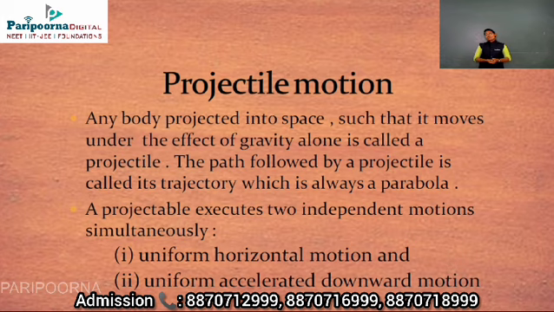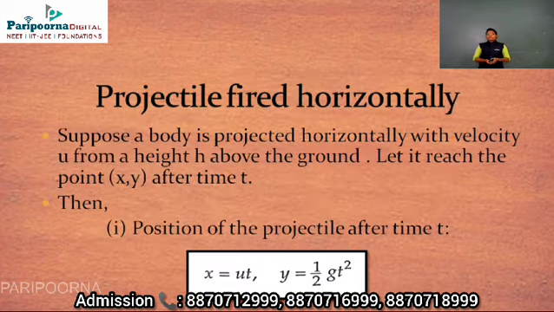So the objects in space will execute two independent motions, that are uniform horizontal motion and uniform accelerated downward motion. These two independent motions are executed by the projectile simultaneously.